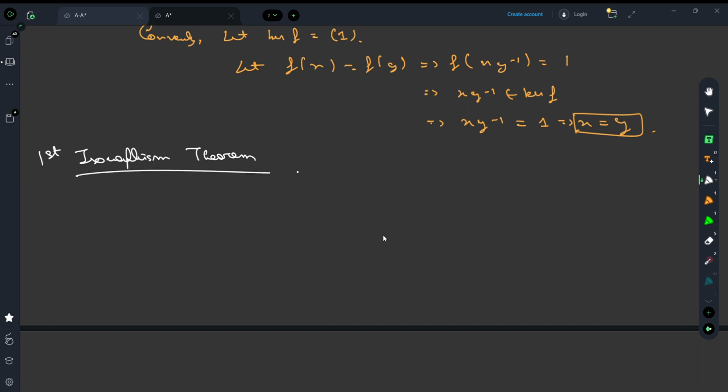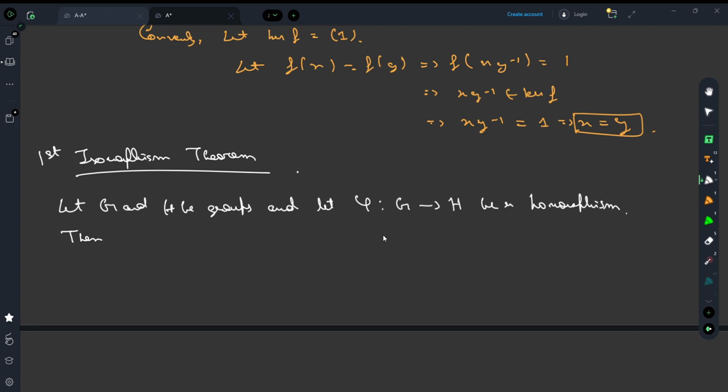So it states that let G and H be groups, and let phi be a map from G to H, which is a homomorphism.